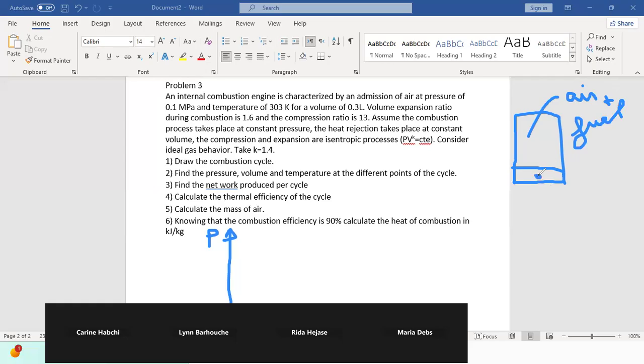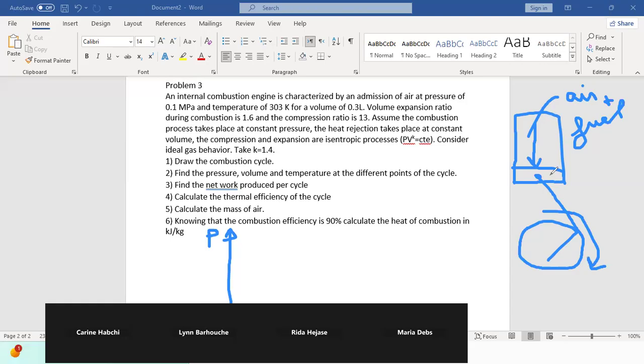And the piston will be related by a rod to the crankshaft, to be able to transform the energy of combustion into work. This work first will lead to translation of the piston, and the translation of the piston will be transformed to rotation of the crankshaft. So this is in summary what is happening in internal combustion engine systems. And in this way, we convert heat into useful work.